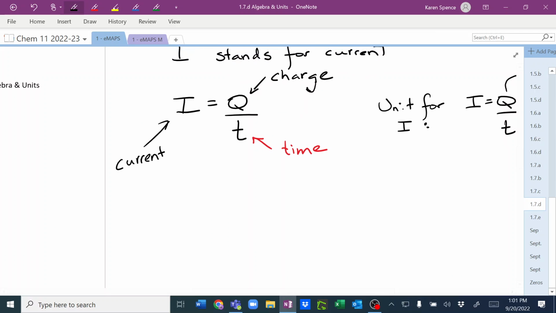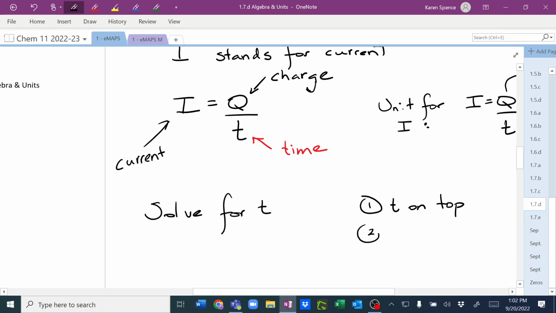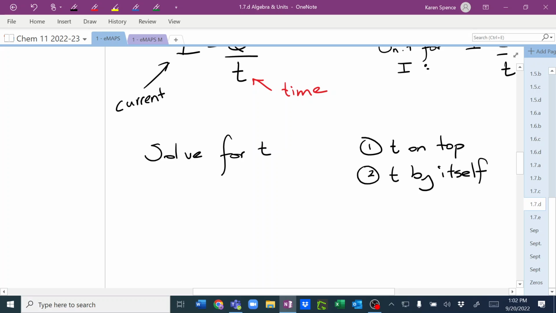Solving our problem here, if we wanted to solve for T, first thing we want is we want T on the top, we want T by itself, and we want T on the left.